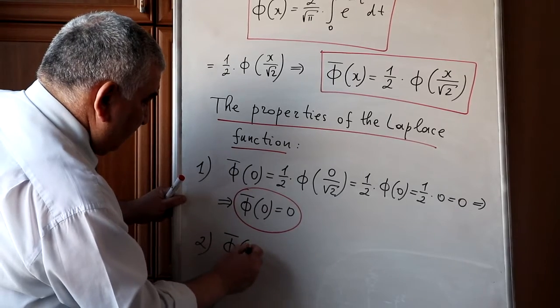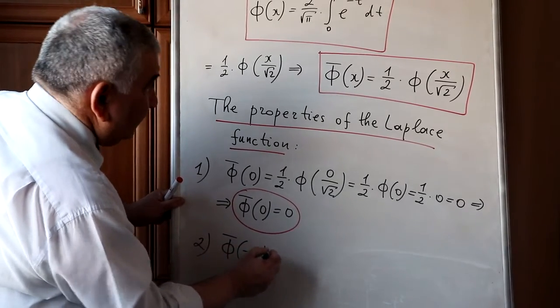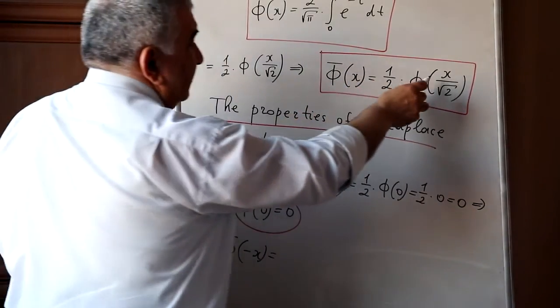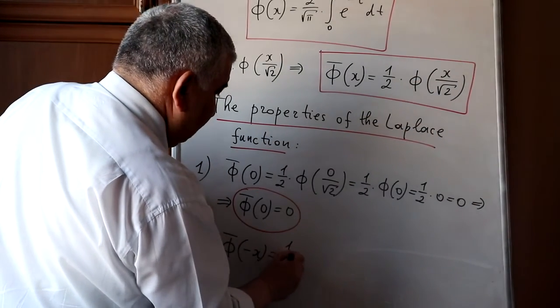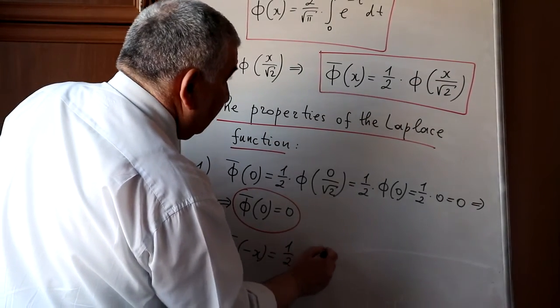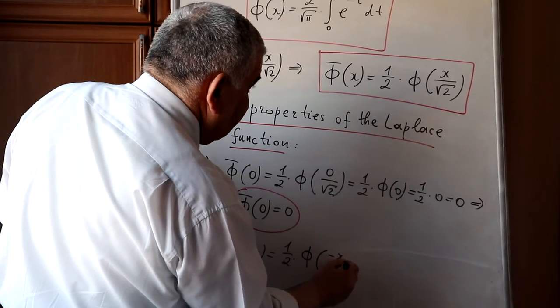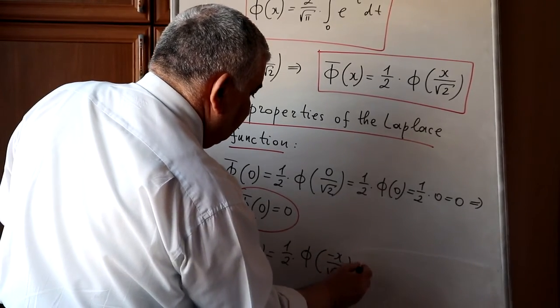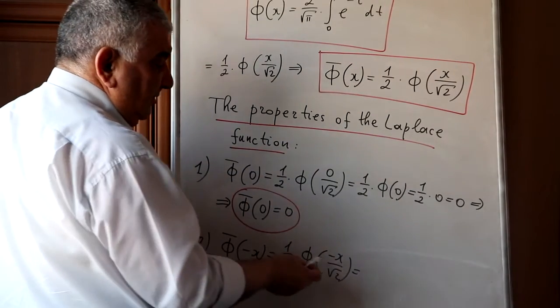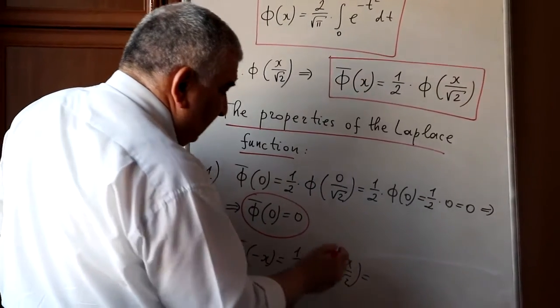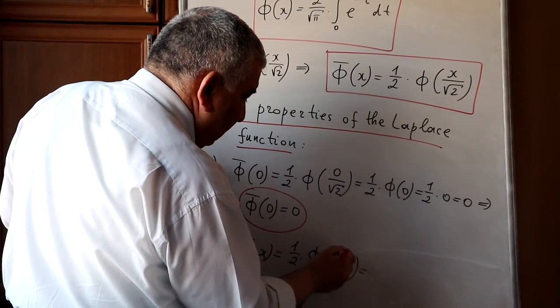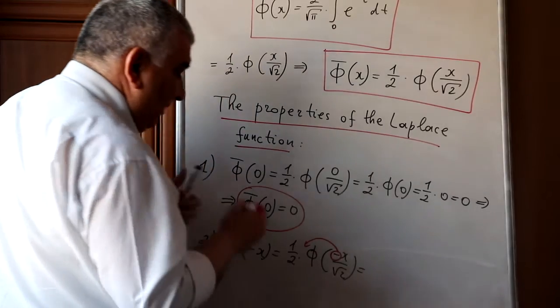Phi bar of minus x is equal to, here we must substitute minus x instead of x, 1 second multiplied by phi of minus x over square root of 2. Already we know that the error integral is an odd function, and it means we can take the negative sign out of the error integral symbol.